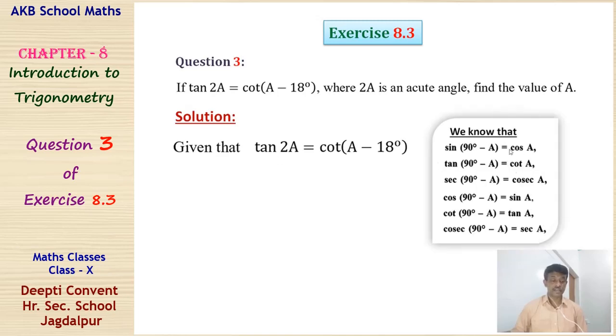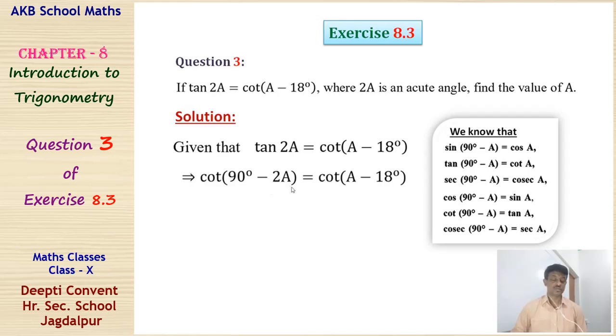We know that tan a equals cot (90 minus a), where a is an acute angle. So here we can write tan 2a equals cot (90 minus 2a), putting 2a in place of a.